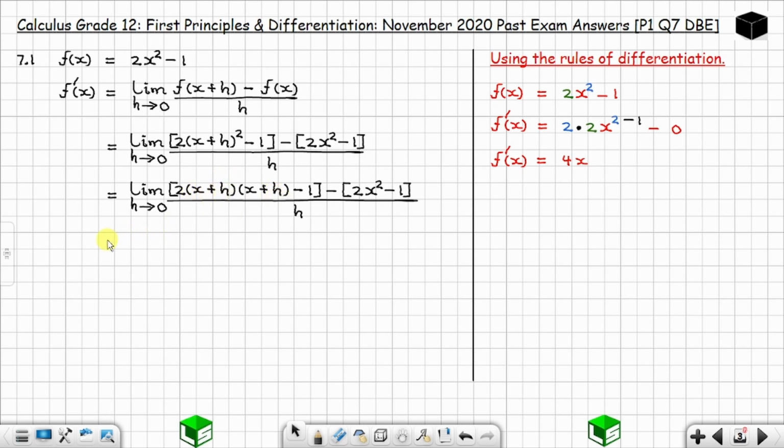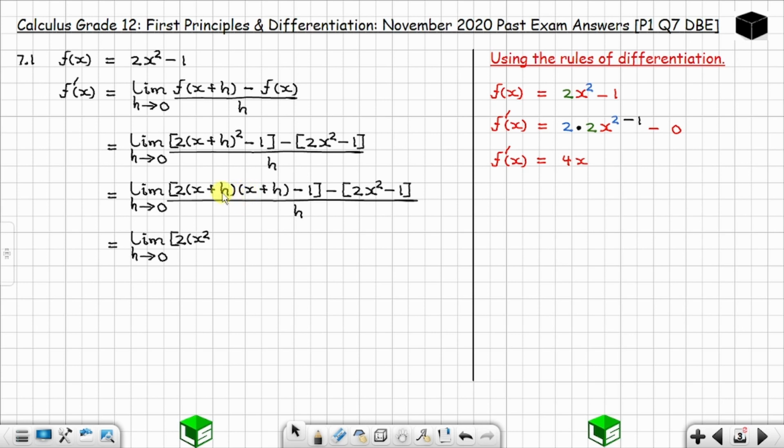You carry on. This is equal to the limit as h approaches 0. You have your square bracket, 2 times, when you solve this, you have x times x, which is x squared, and then you have x times h, which is xh, and then you have again h times x, which is xh.